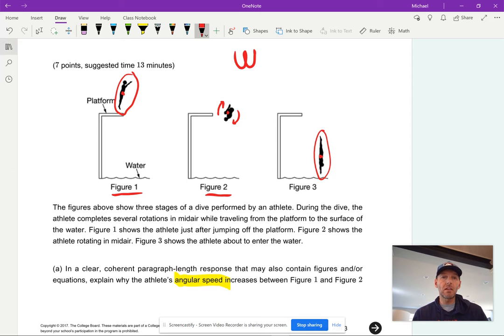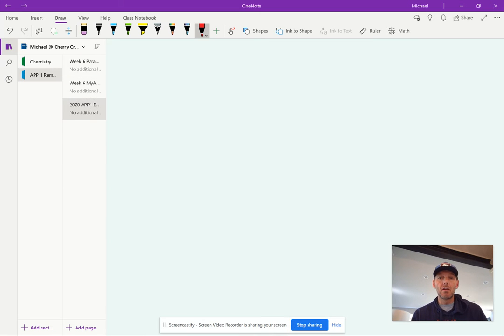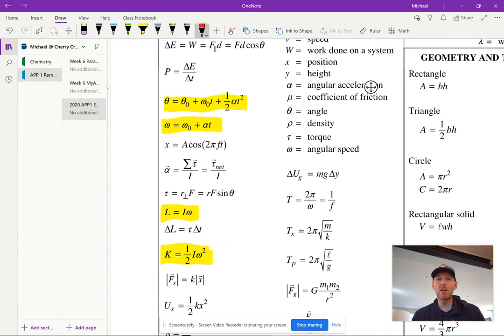So let's make the connection here. And I'm going to look at my equation sheet. On my equation sheet, I've highlighted everything with angular speed in there. And when I'm looking at it, I'm going to key in on angular momentum equals rotational inertia times the angular speed.